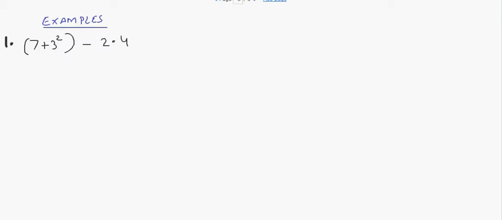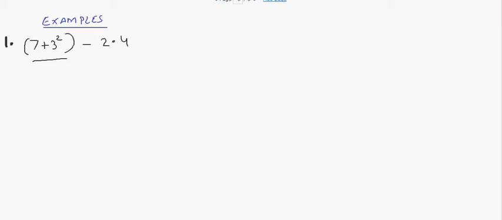So treating the parentheses as one unit, we need to evaluate the parentheses first. Then see if you have any operations within the parentheses, and follow the same order that we do on the entire expression.